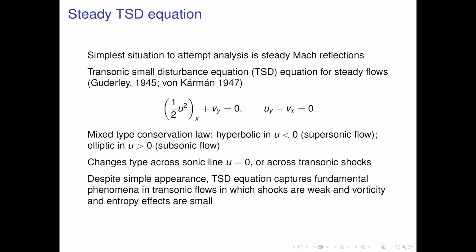U equals 0 is the sonic line where the equations change type from hyperbolic to elliptic. And physically, U negative is supersonic flow. You know, you're perturbing off the exactly sonic flow, minus 1. And then U positive is subsonic flow or elliptic. And it can change type smoothly across the sonic line U equals 0, or you can get what are called transonic shocks, which jump from supersonic state to subsonic state.